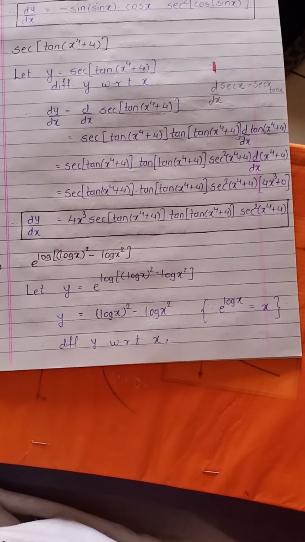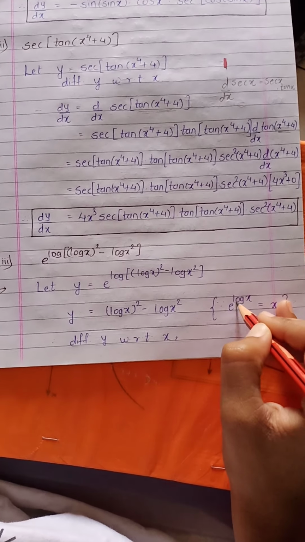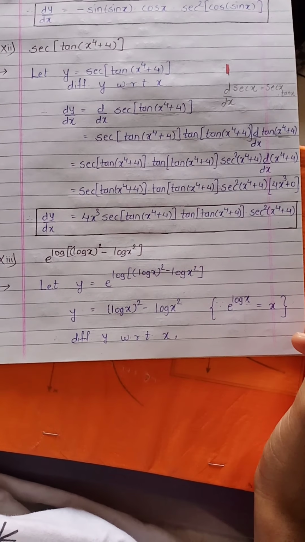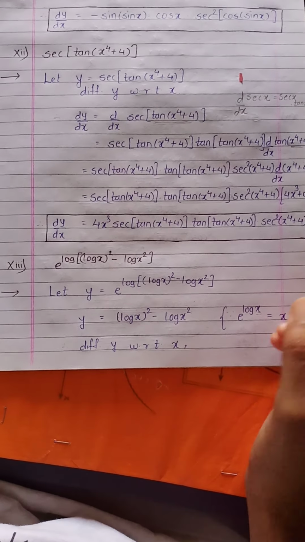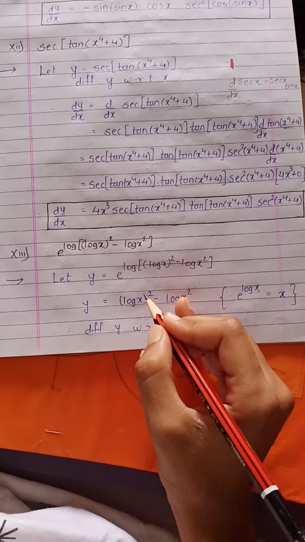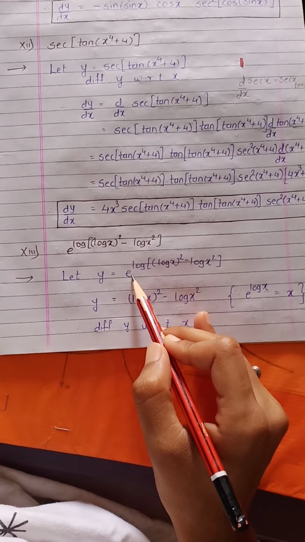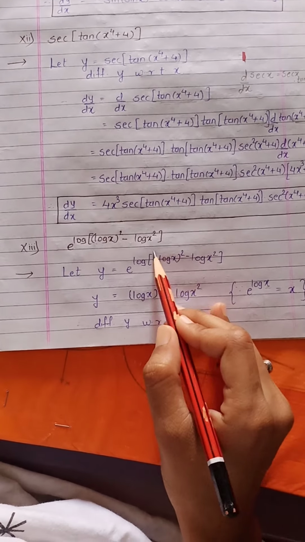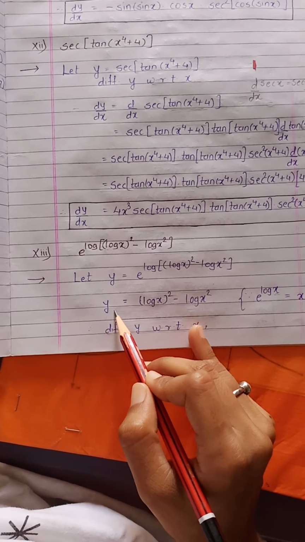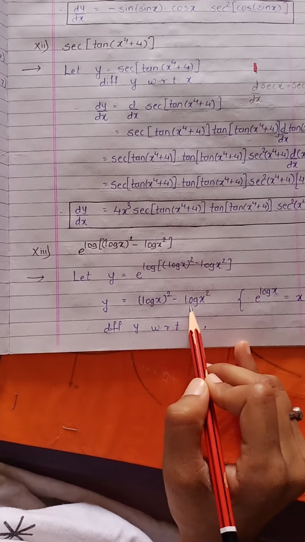We can say these are properties of the exponential function, right? When it is of the form e raised to log x, then we can write it as x only. You can also prove it, meaning why it came and how it came. So using that form, e raised to log of, suppose this is u, so e raised to log u is nothing but u, so y becomes log x bracket square minus log x square.